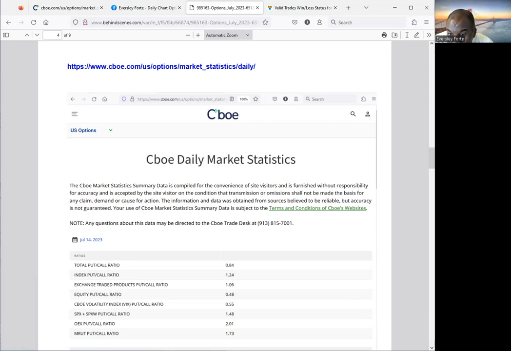Okay. So the put call ratio is a sentiment indicator. To give you a little bit of history, how we started doing this is something we learned from John Carter and Hubert Senters. We used to trade the put call ratio back in 2007, 2008, when the markets were going crazy.